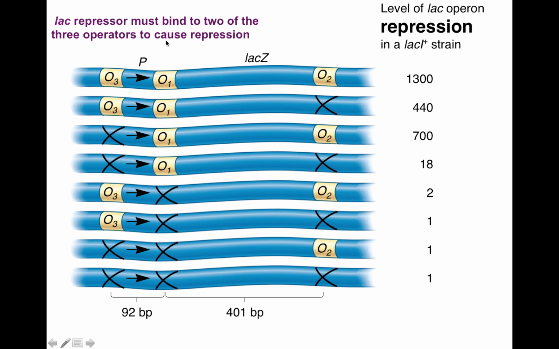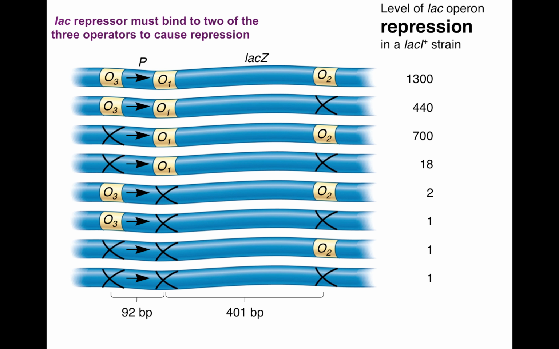Okay, so this is the level of repression over here in this column on the right. The level of Lac repression in a Lac plus strain, in a wild type strain. If you have all 3 of your Lac operator sites intact and functioning, you get a level of repression at about 1300. That's a high level of repression.